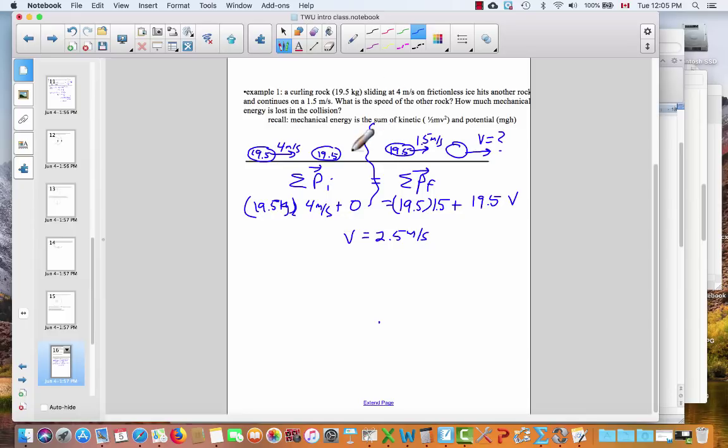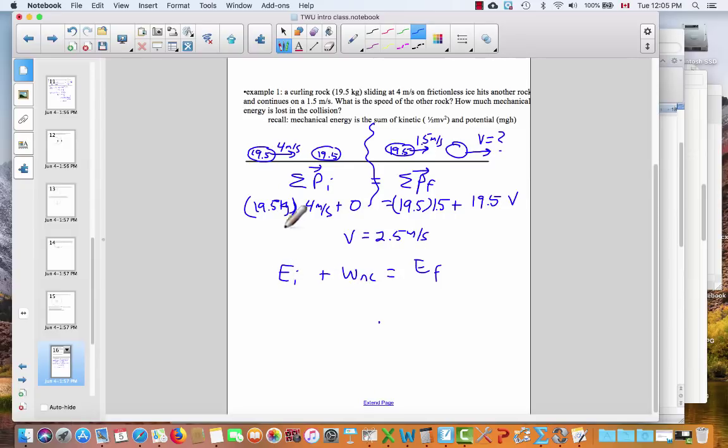Now, we're also asked about the energy in this collision. Now, mechanical energy is the sum of kinetic and potential energy. In this case, there's no potential energy to worry about, so it's just kinetic energy. And there's something known as the work energy theorem, and more on this later in the course, but it tells us that if you have a non-conservative system, if there's a loss of mechanical energy, then this relationship applies.